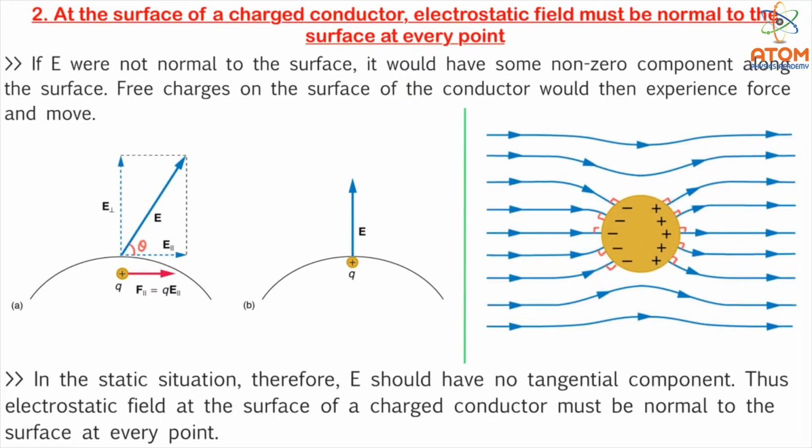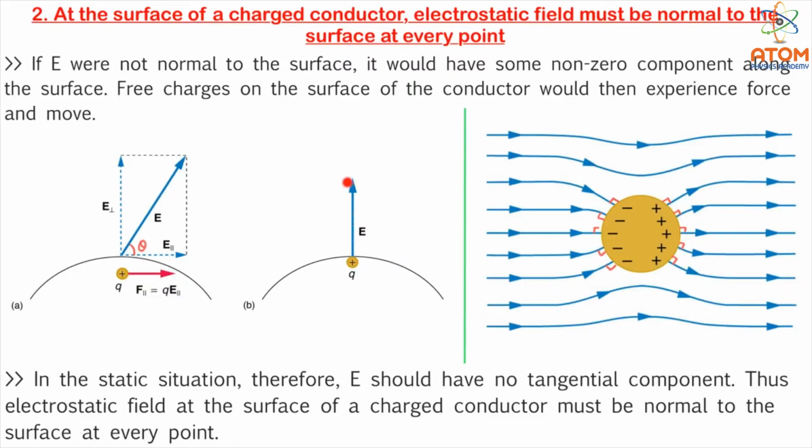But the fact is that these are the induced charges, as we have discussed in the previous point, and these induced charges are static, they are not moving. And if they are not moving, that means this component of the electric field is not there, and if this component is not possible, then the electric field should be just perpendicular.